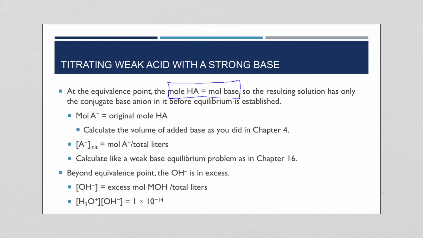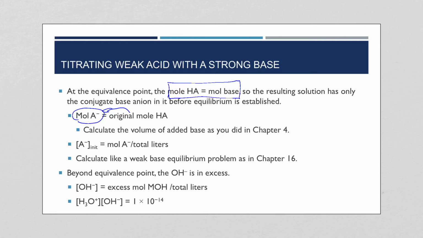And so it's going to be determined by how much of this A minus we have. And it's going to equal the original moles of HA, because we've converted all of this into that at the equivalence point.